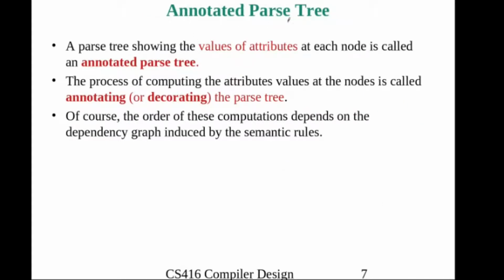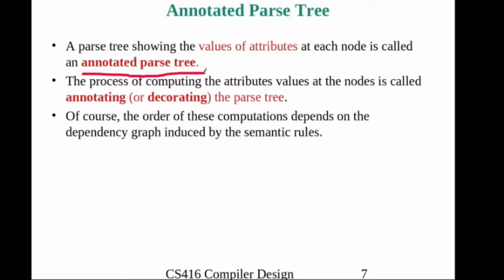Annotated parse tree. What is meant by an annotated parse tree? We have associated semantic rules with the productions, and we can use these productions for constructing the parse tree. A parse tree showing the value of the attribute at each node is called an annotated parse tree.